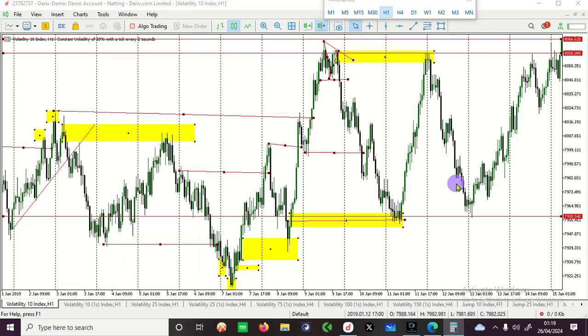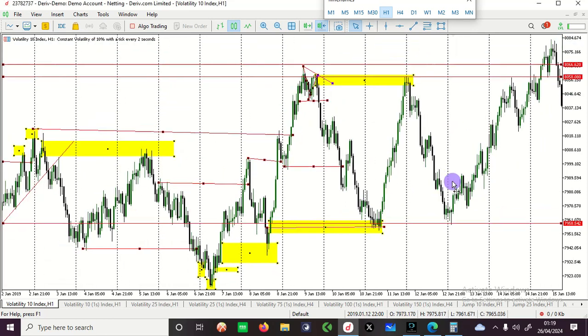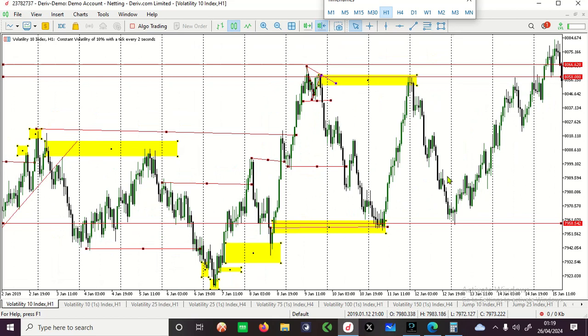So the reason why most of you are blowing your account is because you don't know how to calculate the amount you are losing and the amount you are gaining. It happened to me when I was starting. I always placed my trade without calculating the loss, and most of the time when it went in my favor, I would be very excited. But anytime the market went against me, guess what? My account would be almost blown.